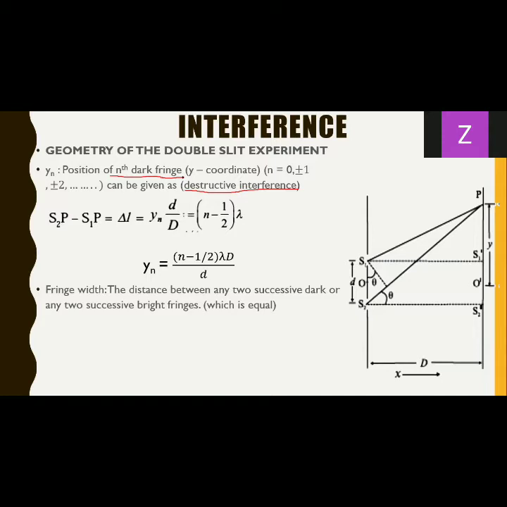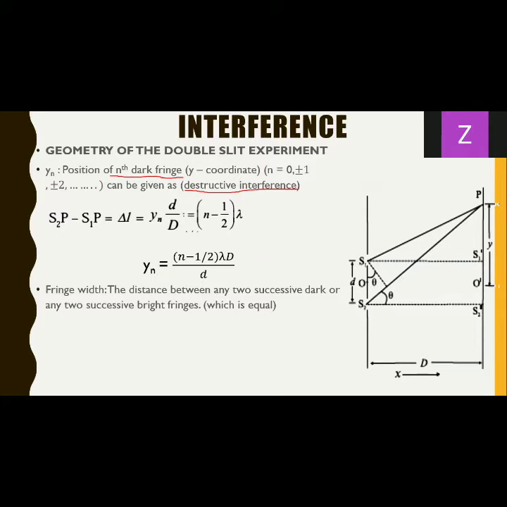Now, keeping in mind the bands are equally spaced, whatever be the distance between two dark fringes will be the same as that of two bright fringes. So, fringe width means what? Distance between two fringes. If we consider one dark fringe which is formed at yn, the next dark fringe will be y of n plus 1.